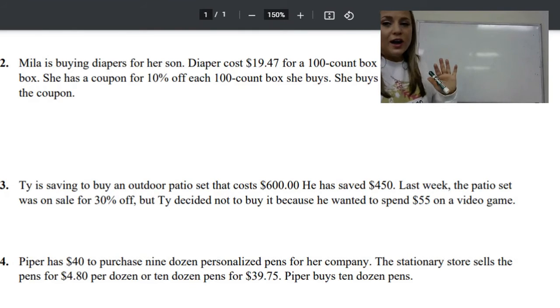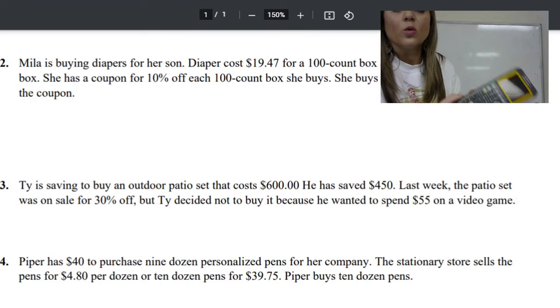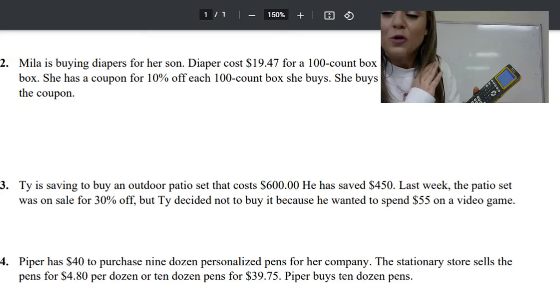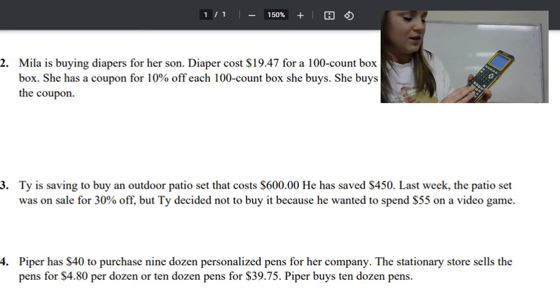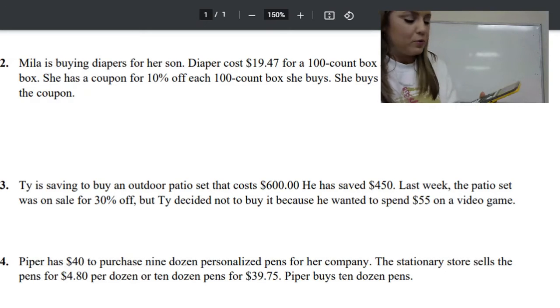So let's figure out how much it cost per diaper for, let's do the easy one, 276. So we're going to do $44.11, and we're going to divide that, the money, by the diapers, 276.